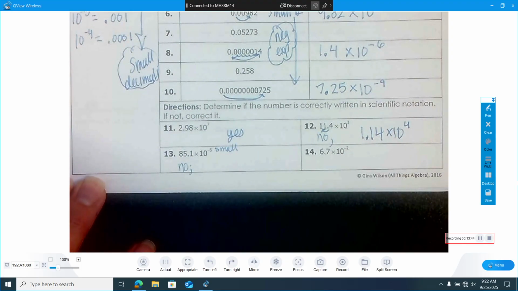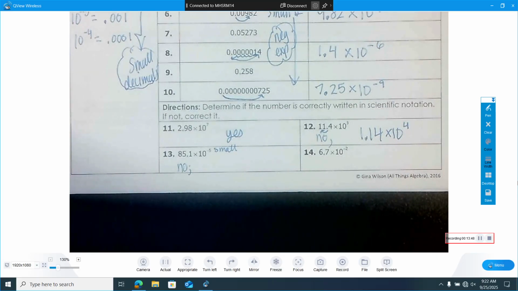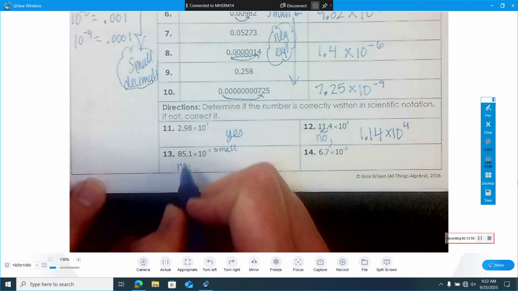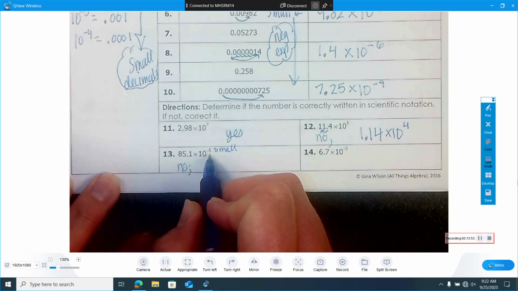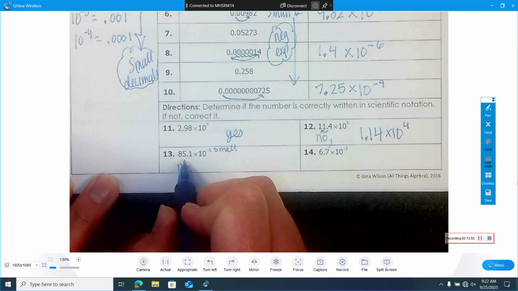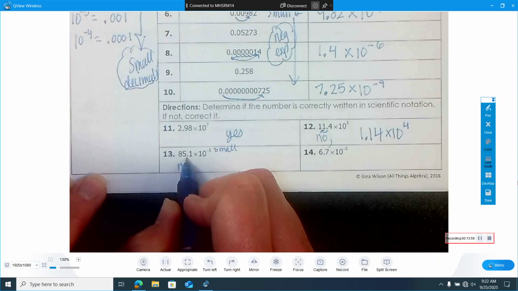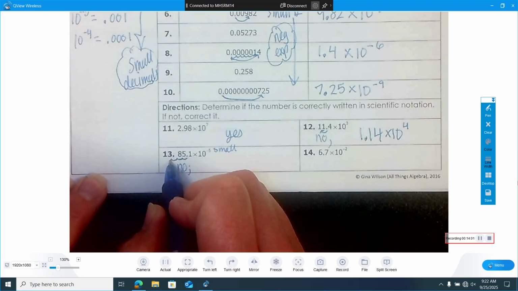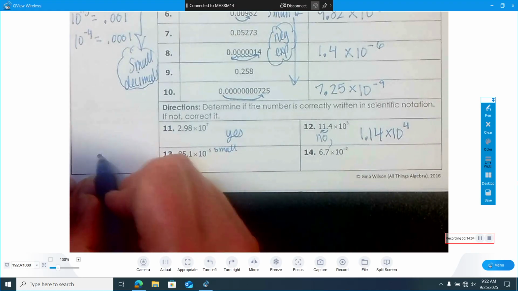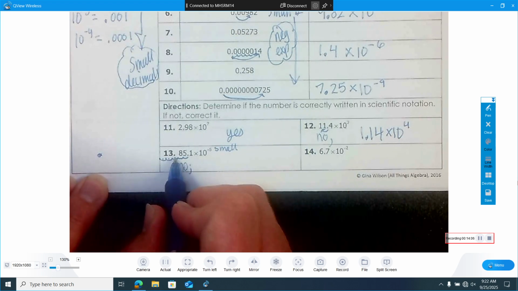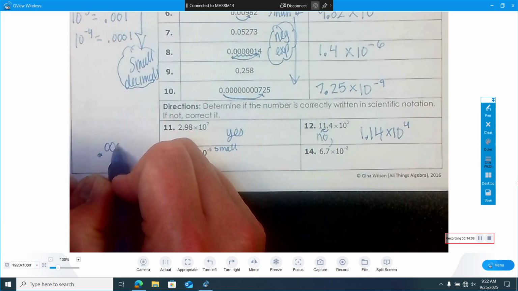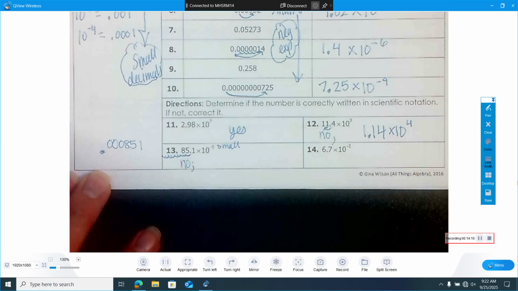I don't know what this exponent needs to be. One thing I can do is write it out in standard form here. I know this is a small number, so I'm going to move the decimal to get a lot of small numbers here. So I'm going to move the decimal 5 spaces, 1, 2, 3, 4, 5. So I get 0.000851. So there's the number written in standard form.